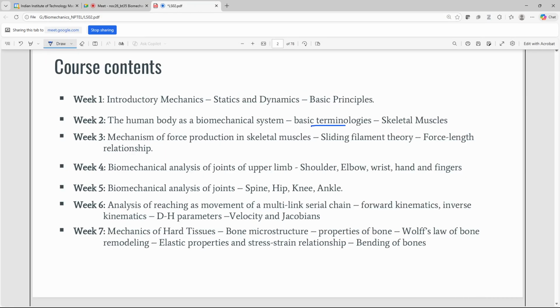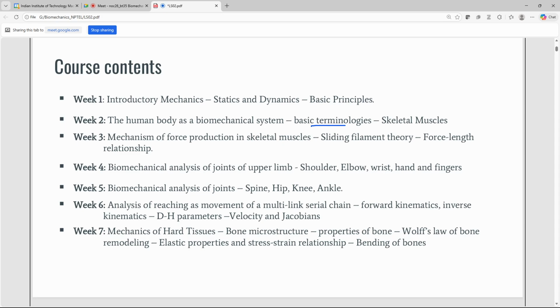In that aspect, these biomechanics terminologies are mostly from anatomical terms, so they have a major overlap with anatomical nomenclature also. So these basic terminologies will help you in understanding those medical reports also. These basic terminologies in biomechanics are not just for the course; they will help in our actual life also.